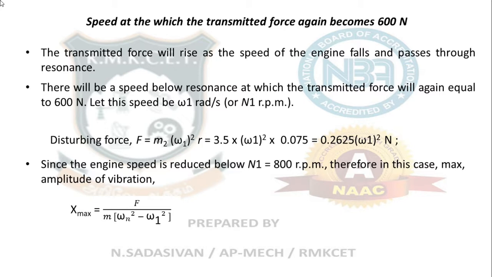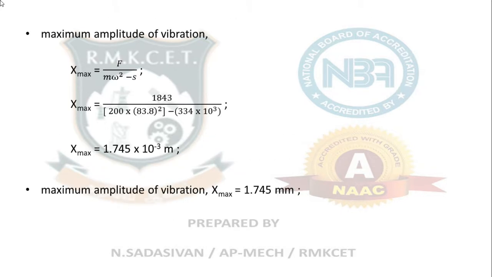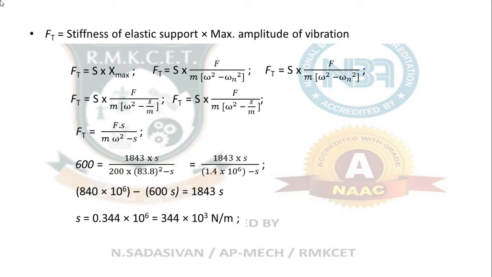What was it previously? Here it was a higher speed, therefore omega n was behind. Now I am bringing the speed below the natural frequency. Only then, at another speed, will I get the same force. So this goes to the front and this comes to the back, with the second omega being omega 1.